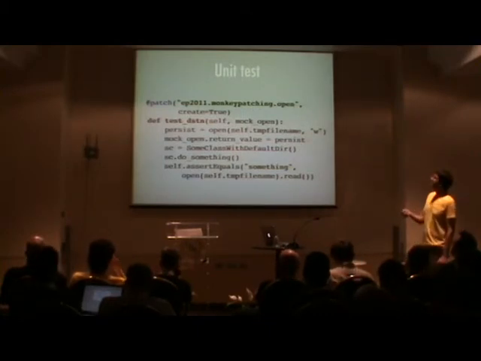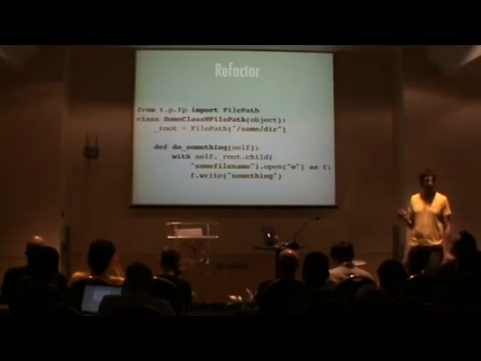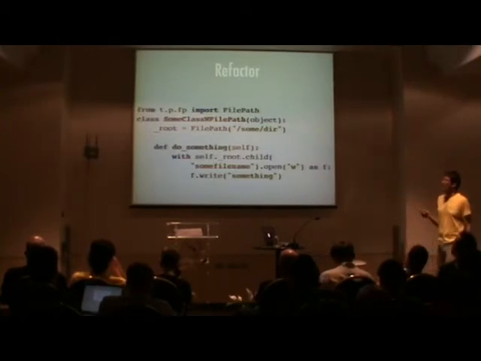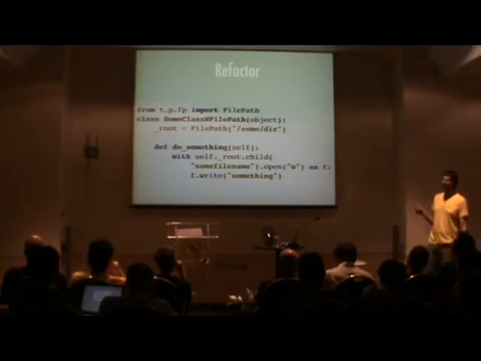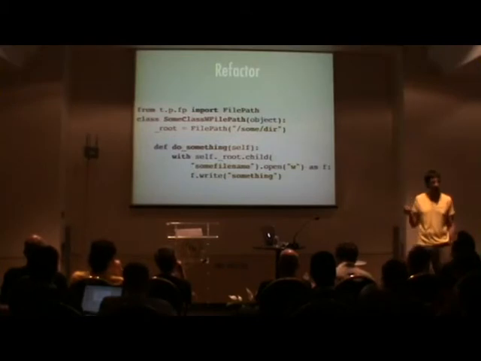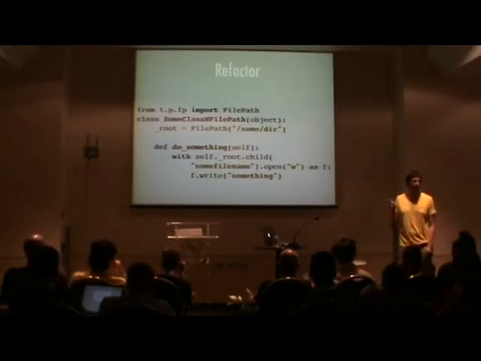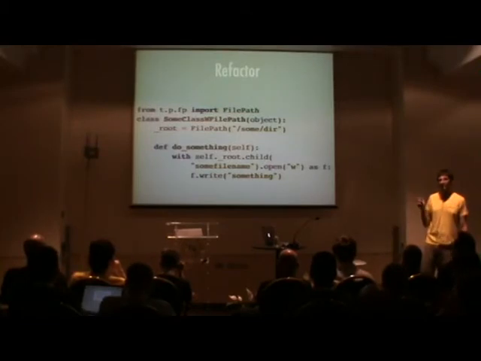Suppose you refactor. You don't use open anymore, but use twisted Python file path, which is a wrapper library. This is exactly the same way of working. This does exactly the same thing. So, can you guess what happens with the unit test we wrote in the previous slide?